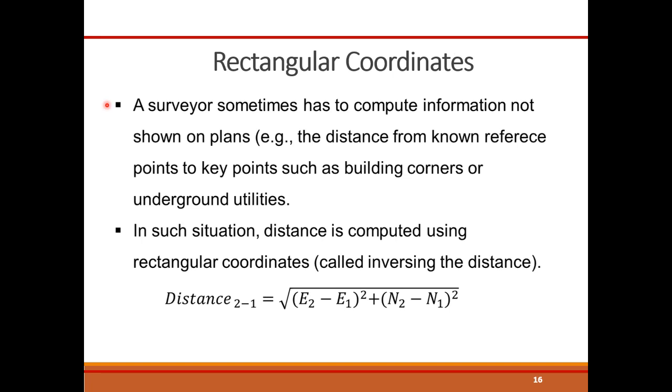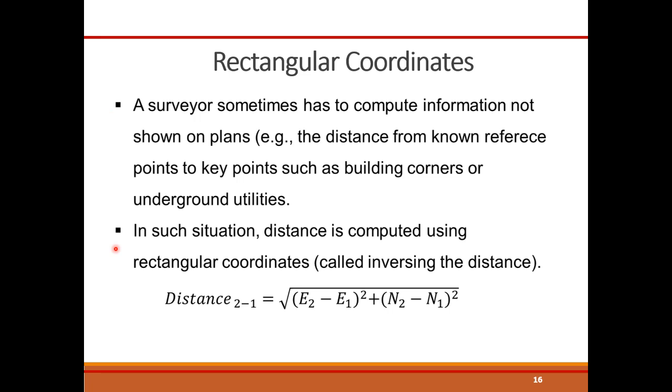For example, the distance from known reference points to key points such as building corners or underground utilities. In such situations, distance is computed using rectangular coordinates, called inversing the distance.